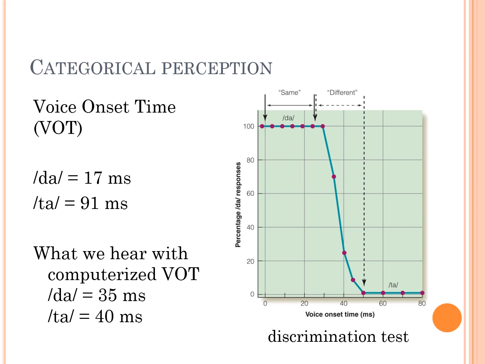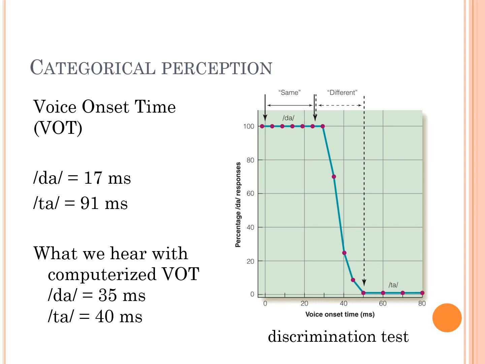So let's just say I'm between 5 milliseconds and 30 milliseconds, and I systematically go 5, 10, 15, 20. So 5 to 30 milliseconds is a 25 millisecond difference, and we play that for people, and they say those sound the same.